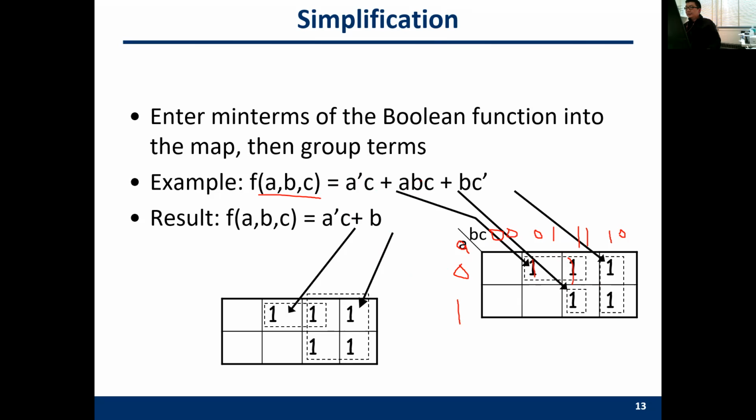And then I have ABC. For ABC, every variable is 1. So it's related to this one. And then I have B and C bar. C bar indicates C is 0. So this column indicates C is 0, this column indicates C is 0, and B is 1. This column indicates B is 1. So I have 2 1s here.